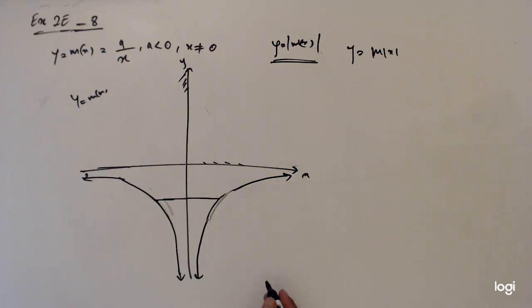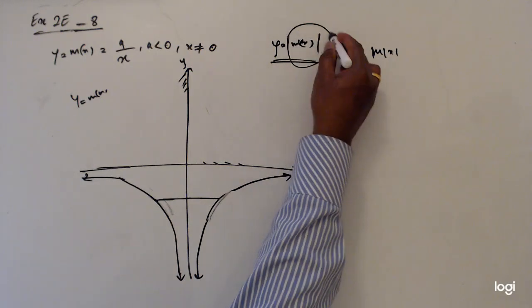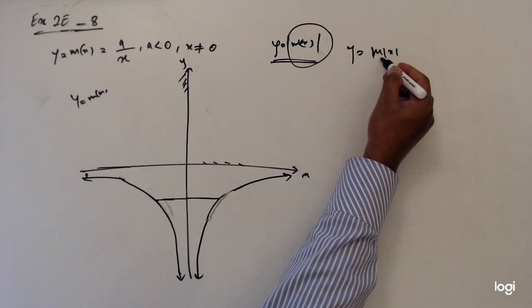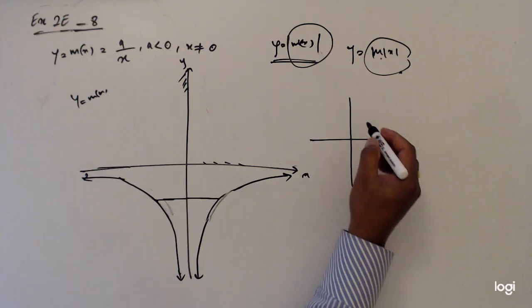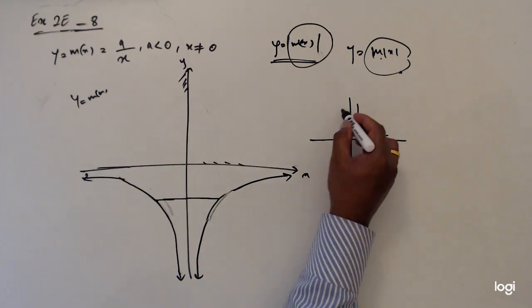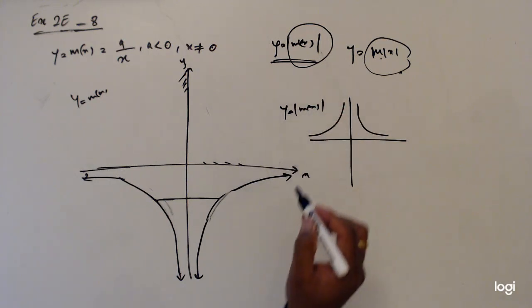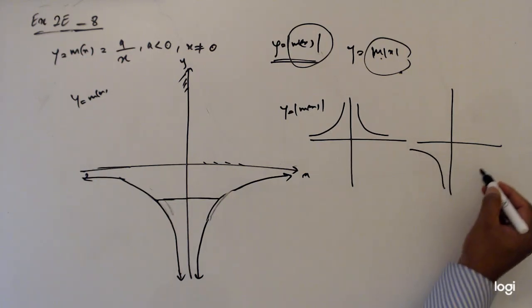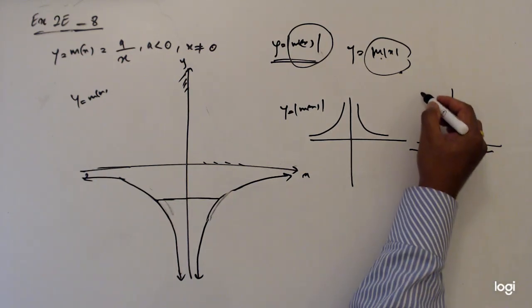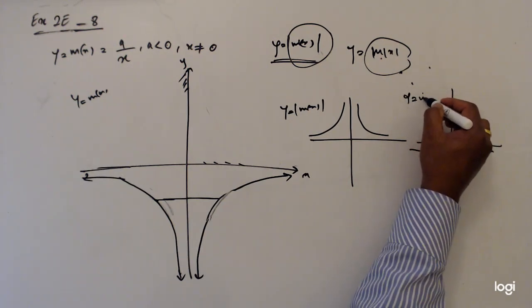Now part B, we want to look at the relationship between mod mx and m mod x. So this is y equal mod mx, and the other one is this one, y equal m mod x.